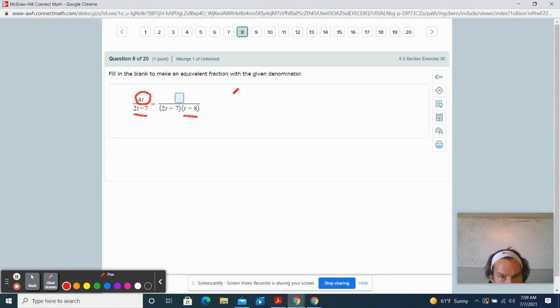So in this box here is 4t times t minus 8. Now, I'm not sure if you can leave it like this or you have to multiply it out. So I'm going to test this program out here.